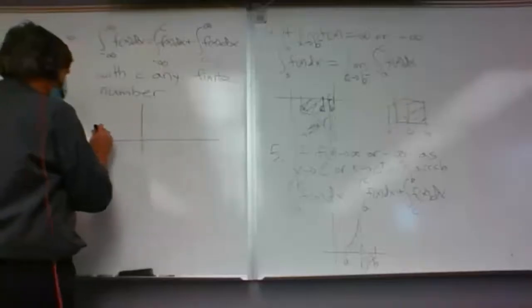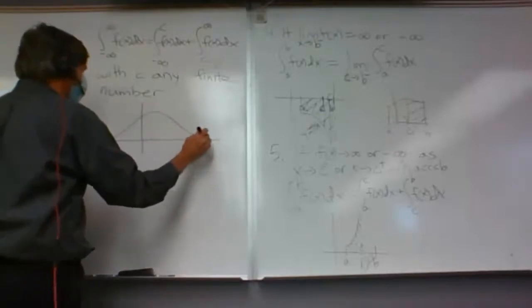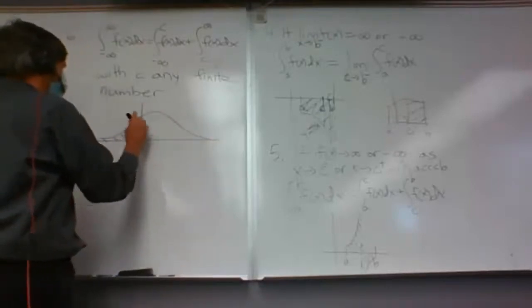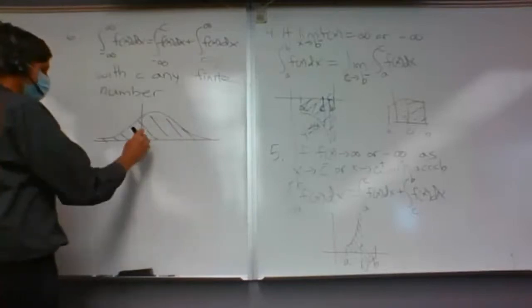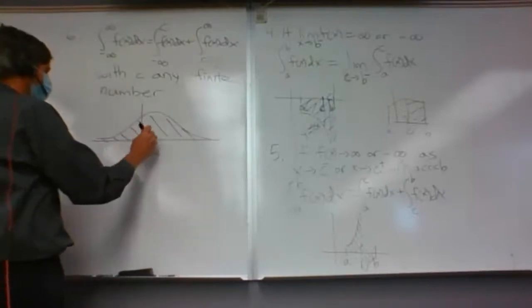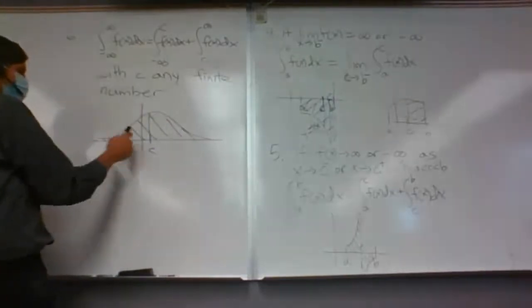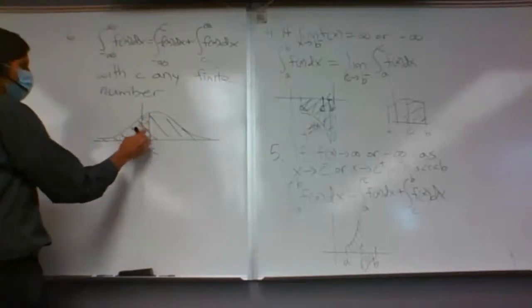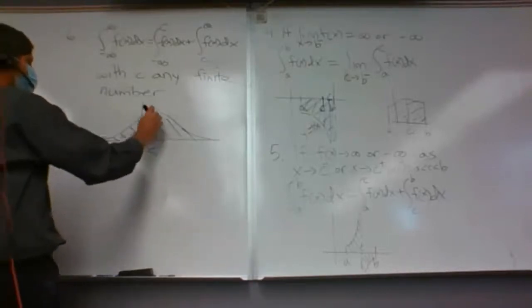So if I have a function like this, I want to know its area. How can I do it? I stop wherever I want at c here, and I'll take the integral from minus c on.